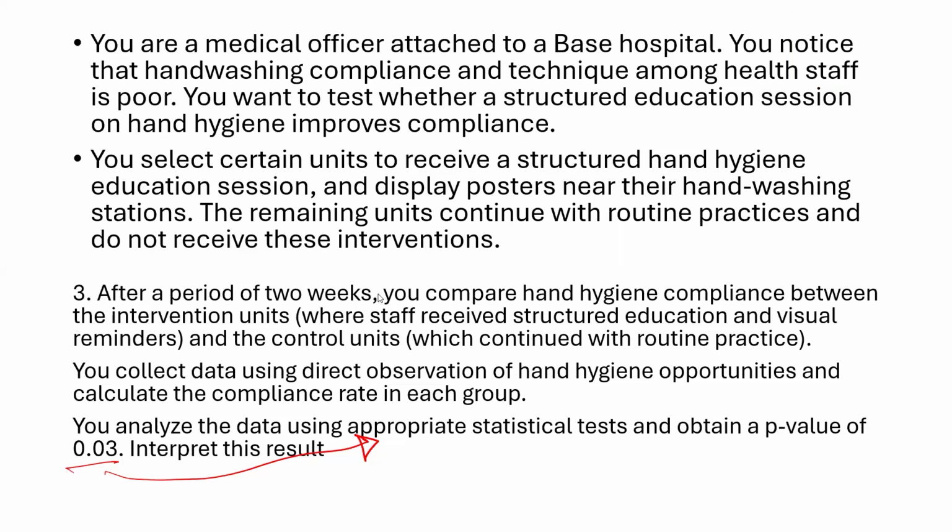Usually, if the p-value is less than 5%, 0.05, we would reject the null hypothesis and go with the alternate hypothesis. So in this case, it's below the 0.05 value. Yeah, it's smaller than the critical value. So we have to reject the null hypothesis.